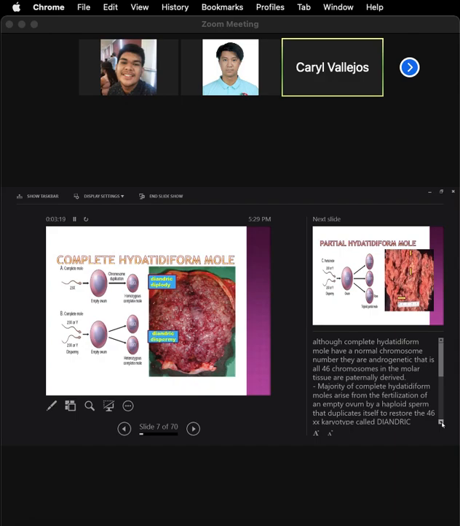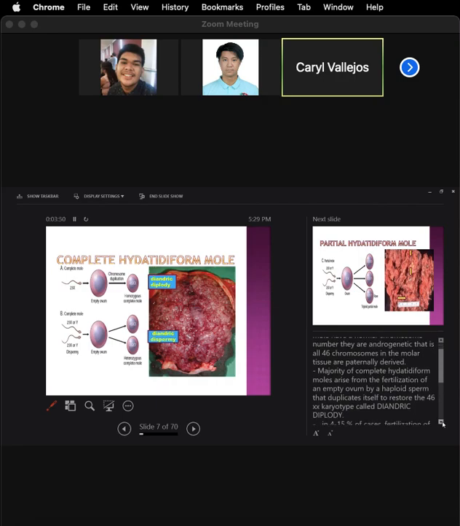The majority of complete hydatidiform moles arise from the fertilization of an empty ovum by a haploid sperm, that is 23X, that duplicates itself to restore the 46XX karyotype, and this is called diandric diploidy.